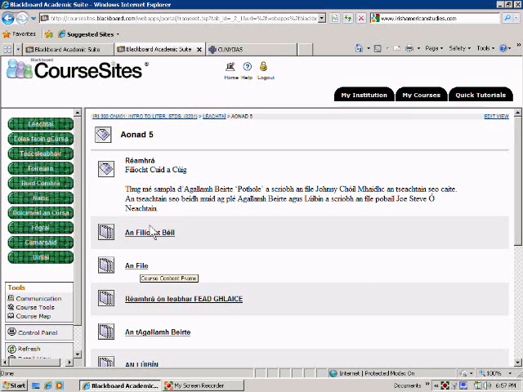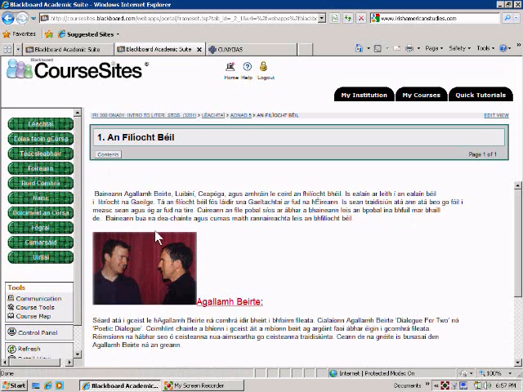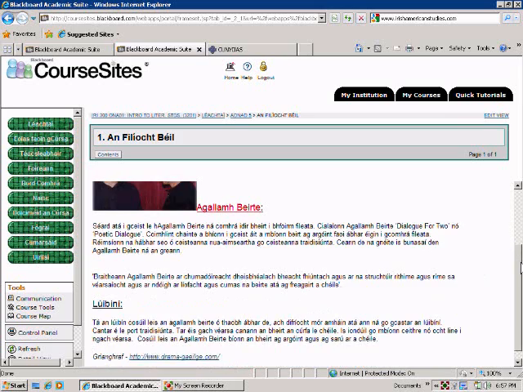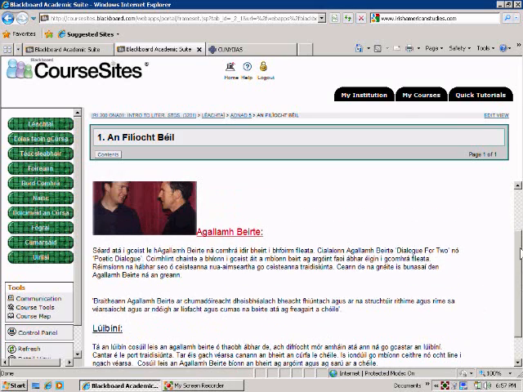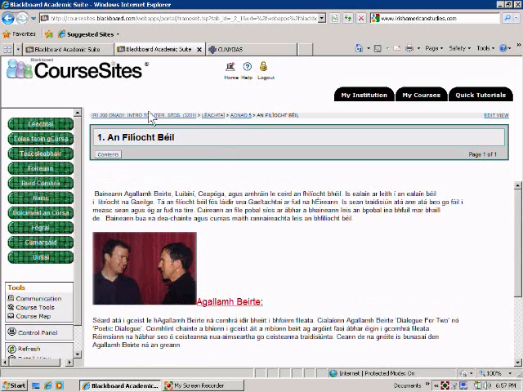They have an introduction. Notice that everything is written in Irish at this point, as much as we can modify of the Blackboard programming. And students are provided with notes and materials and websites to visit.